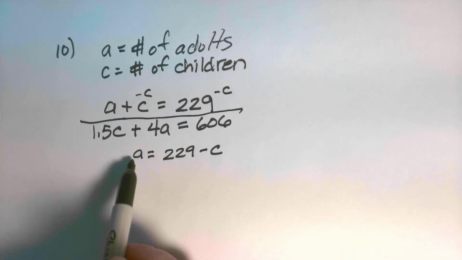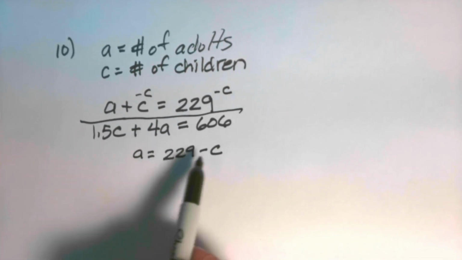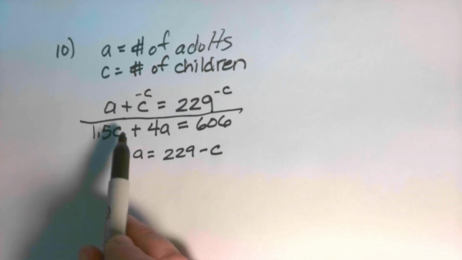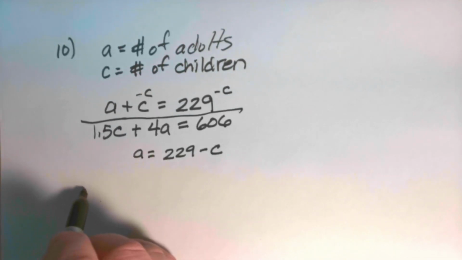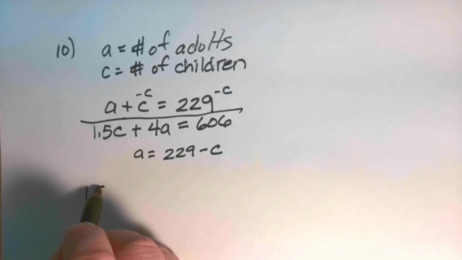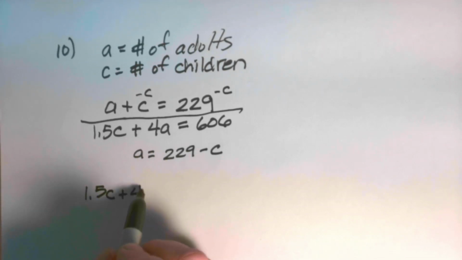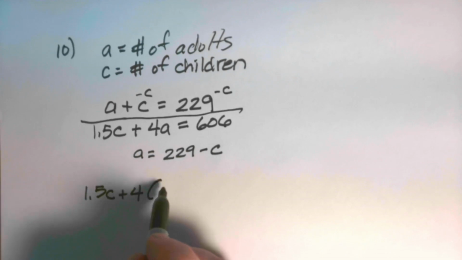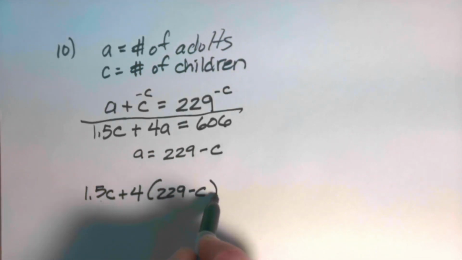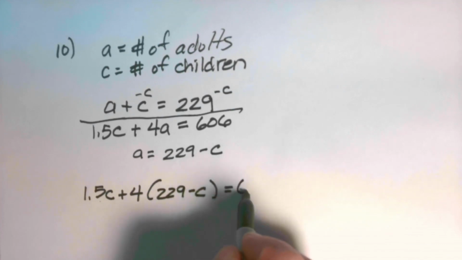I've got this A variable all by itself, so I can replace A with 229 minus C in the other equation. If I rewrite that equation using substitution, I'd have 1.5C plus 4 times A. And instead of A, I'm going to write 229 minus C. That's the substitution. And that's a total of 606.